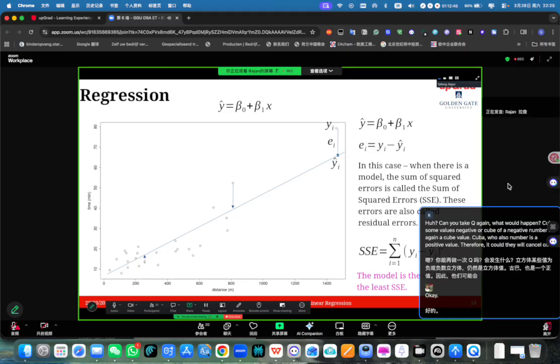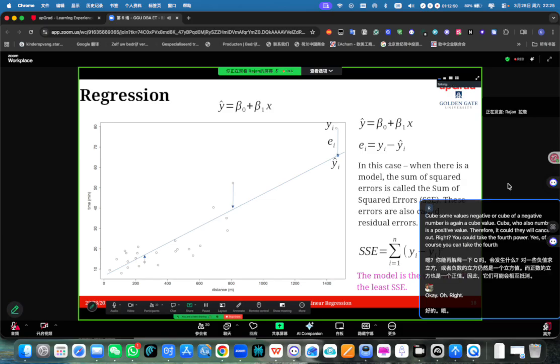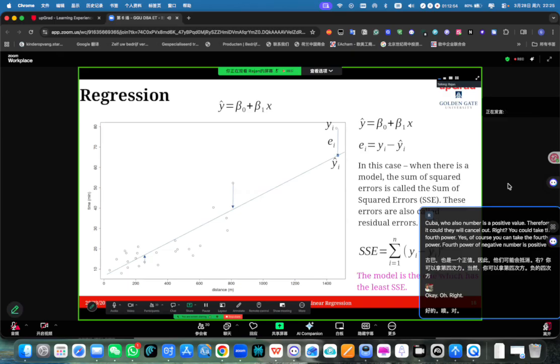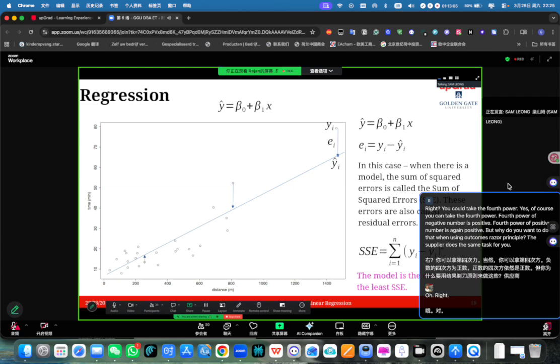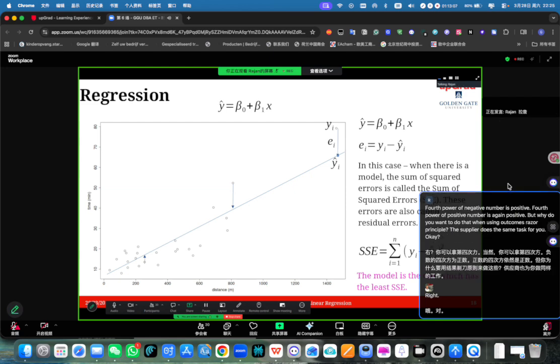You could take the fourth power, of course. The fourth power of a negative number is positive, and of a positive number is again positive. But why do that, when by Occam's razor principle the square does the same task for you? So we would stick to the sum of squared errors.